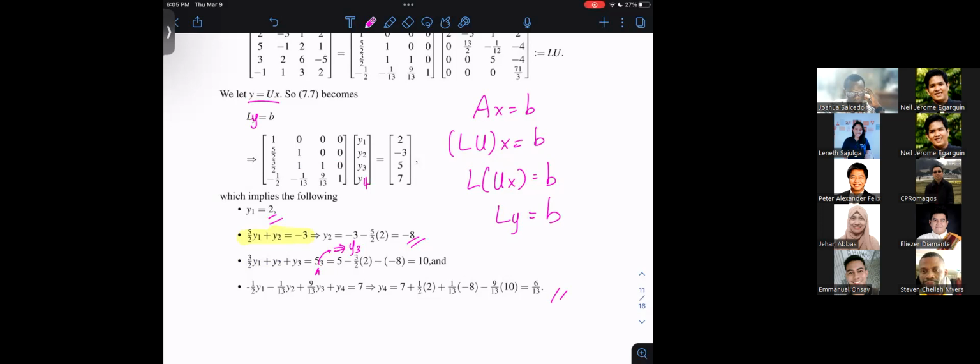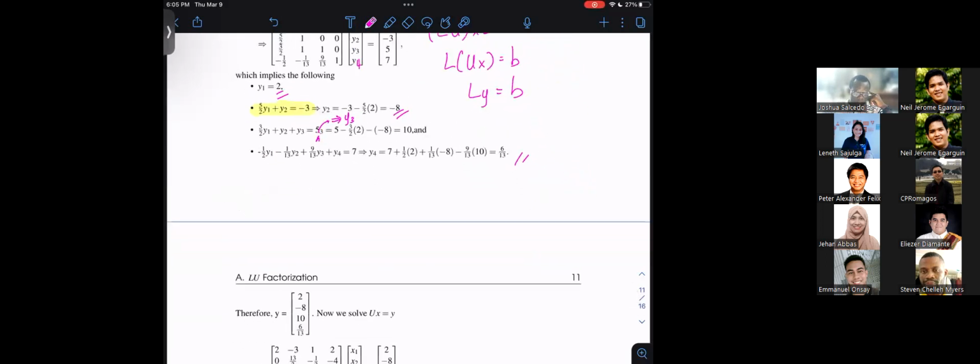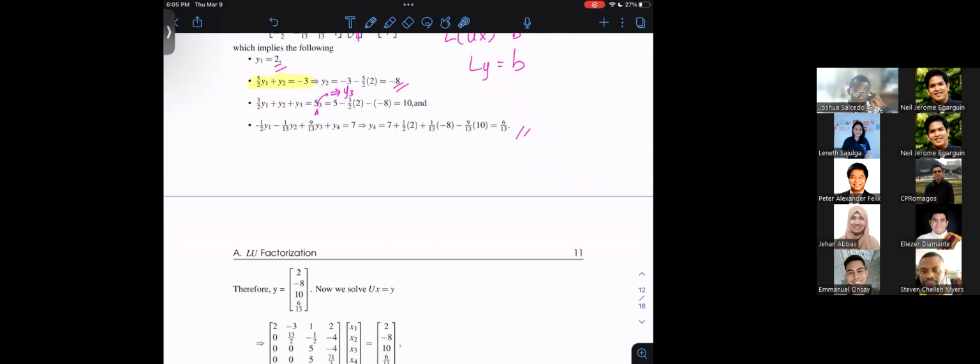Okay. But the work is not yet done, because all you found out here are the values of the y sub i's, right? But our unknowns are the x sub i's. But it's very important, so you harvest the values of y into a vector y. So 2, -8, 10, and 6 over 13. And then remember that Ux is equal to y.